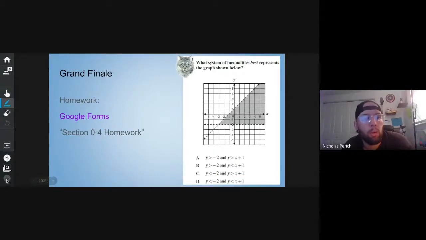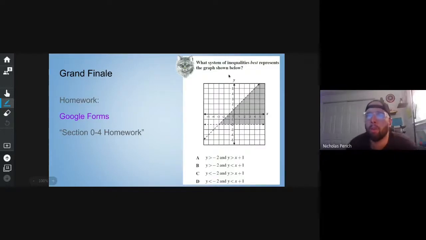All right, so let's take a look at the kitty cat problem here. I have a shaded region where, let's just start out with that dashed line there. This dashed line is dashed, which means there's no or equal to component. It starts at 1 and goes up 1, right 1.